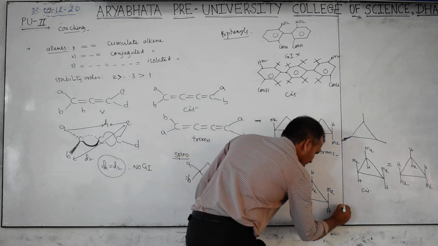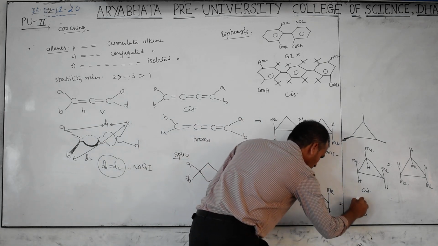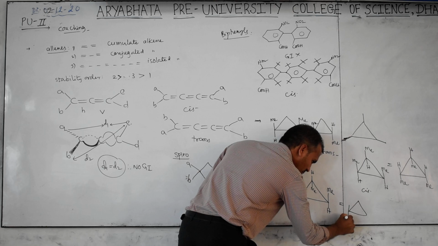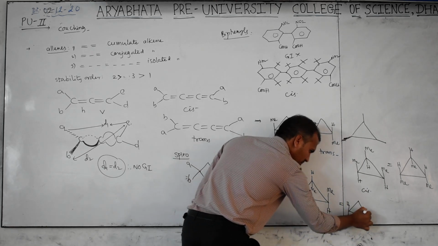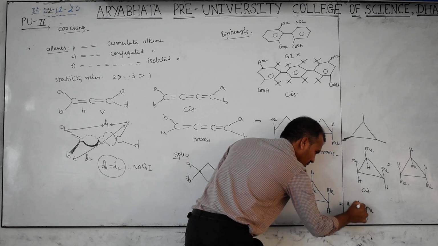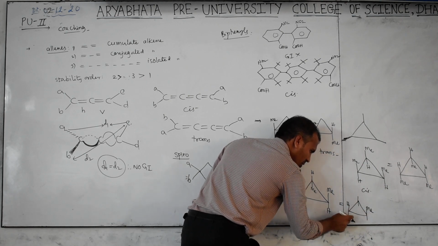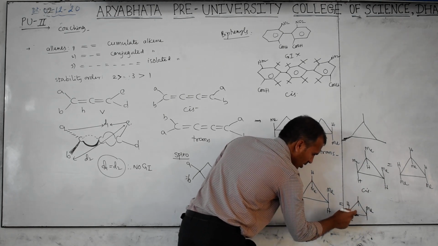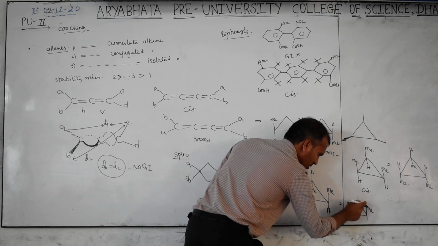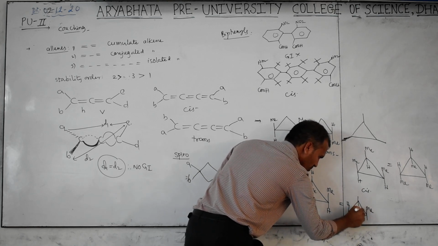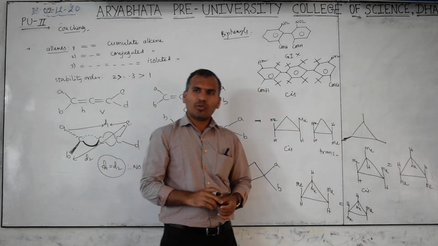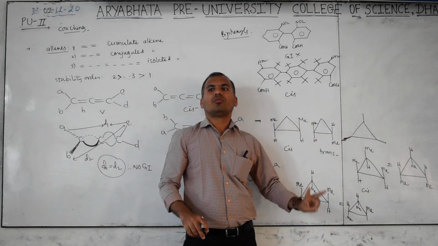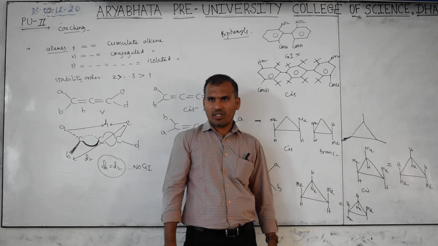If I write this is down, methyl, this is up, methyl, this is down, then this should be where? Down, up, down. So any representation you do, 2 will be down, 2 will be up, may be possible. Yes sir?